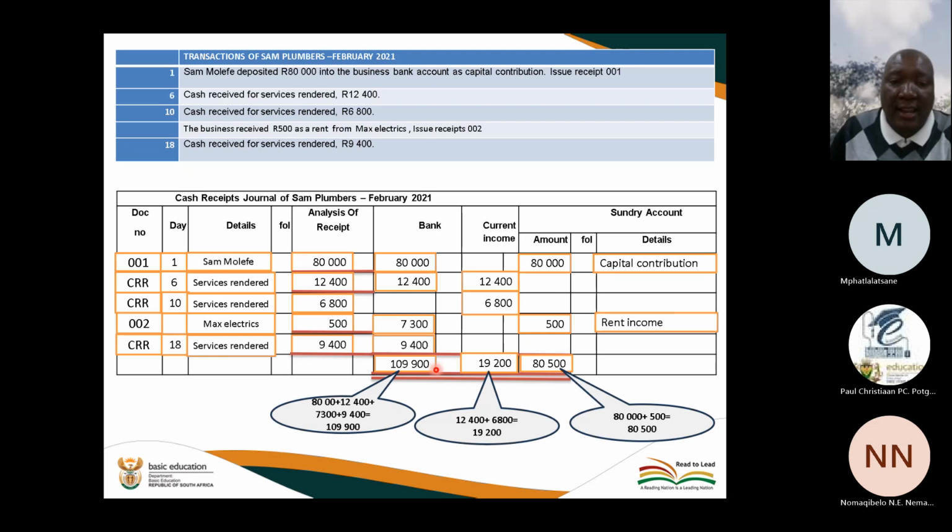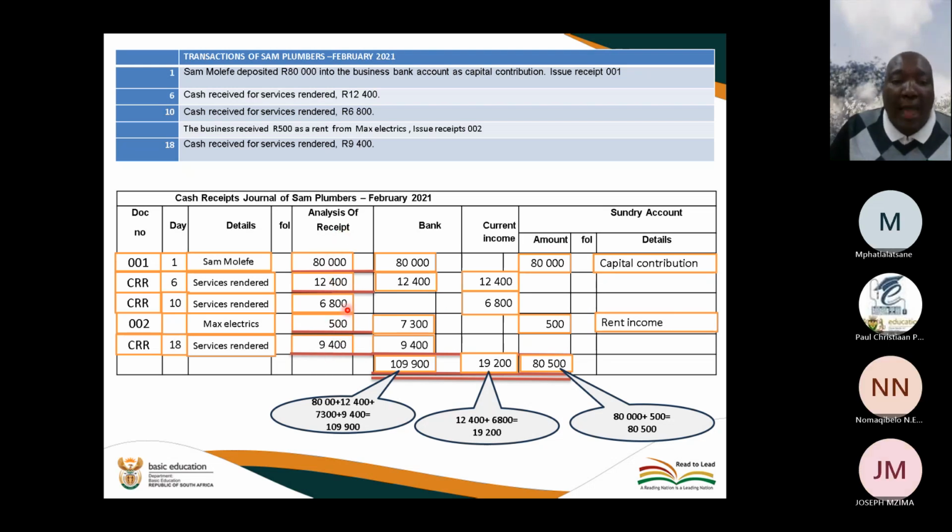Closing the cash receipt journal means that you add the totals on the columns, except, very important, except the analysis of receipt. You don't add the analysis of receipt. Please make sure you remember that, because a lot of learners do add the total under the analysis of receipt. So just know that we don't add the amount under the analysis of receipt.